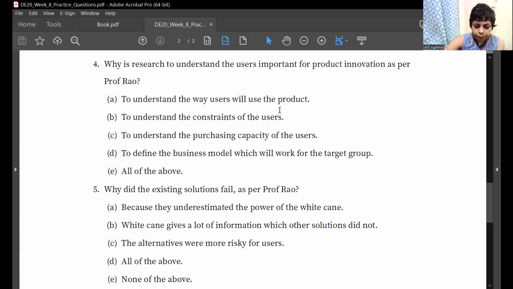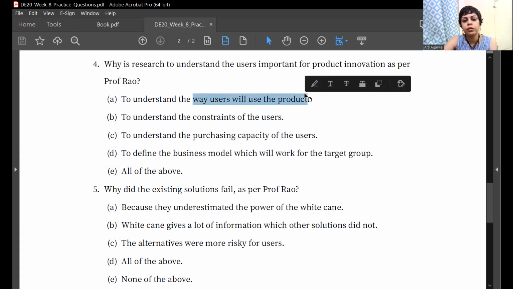So it could go either way. But how the existing product which is already being used by people in the market is being used matters a lot. And for that reason, it is also important to understand the way users will use the product, right?